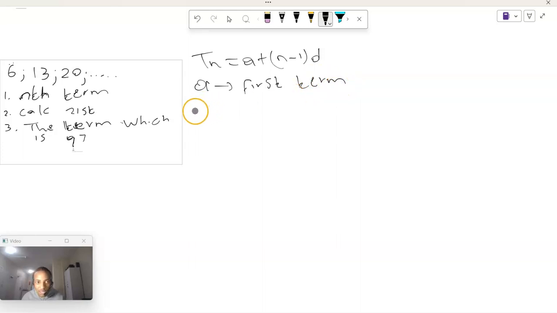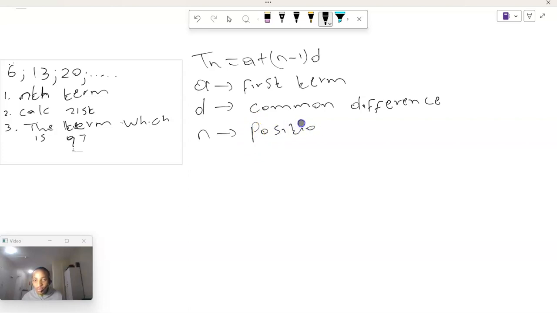And our d stands for the common difference, right? And our n stands for the position of the term. Okay, good.